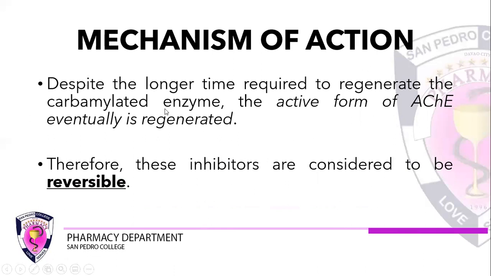Despite the longer time required to regenerate the carbamylated enzyme, the active form of acetylcholinesterase is eventually regenerated. So it means it is only temporary. Therefore, they are called reversible. Because the irreversible ones take longer, and there are cases where the acetylcholinesterase no longer regenerates. So later on, I'll be giving you those irreversible ones. But this time, let's focus more on the reversible.